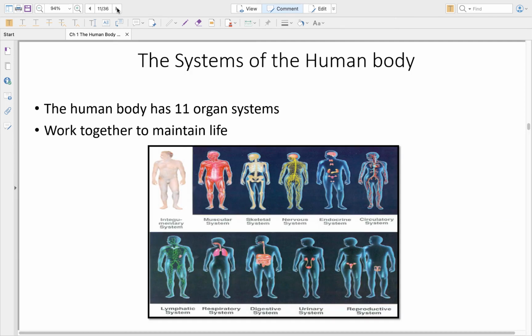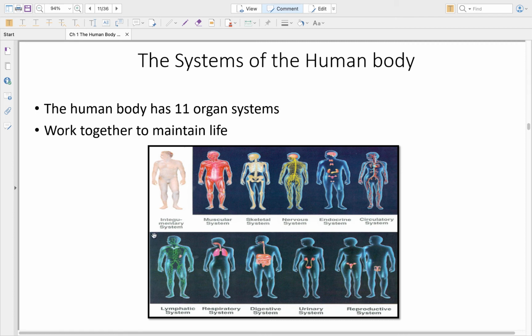Now, the systems of the human body, we have 11 organ systems that work in tandem to maintain your physical health, to make sure that you are functional, that you are alive, and that you are healthy.